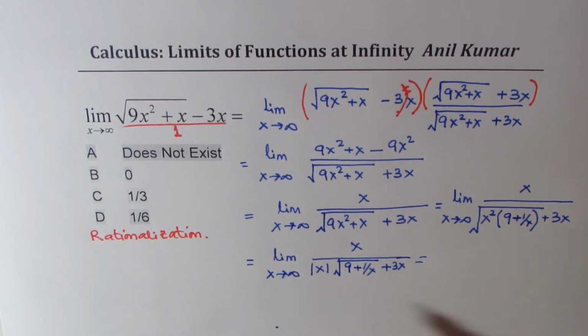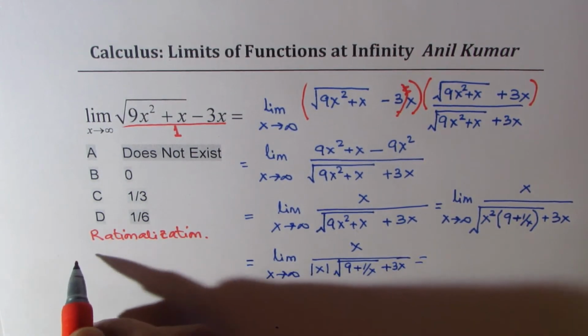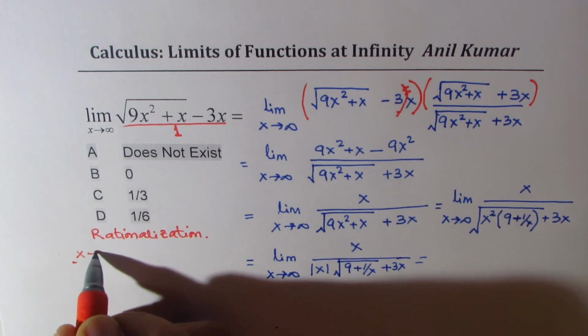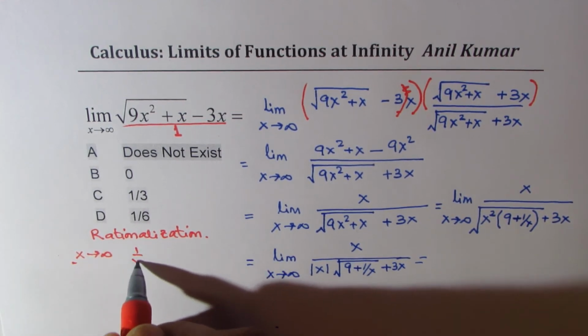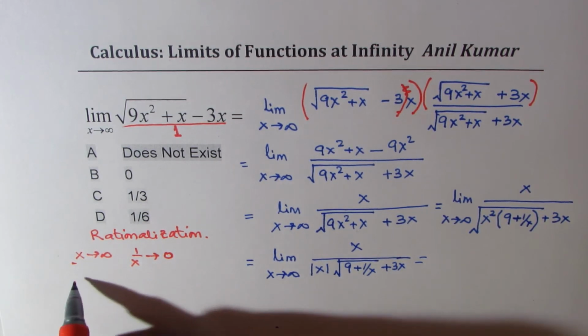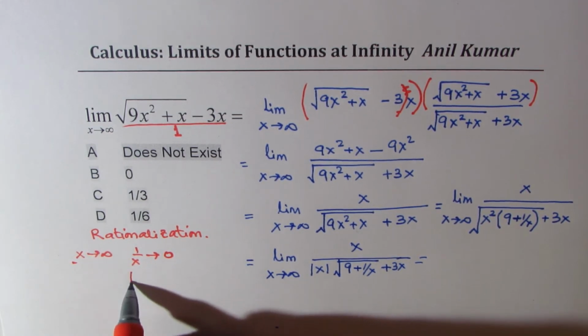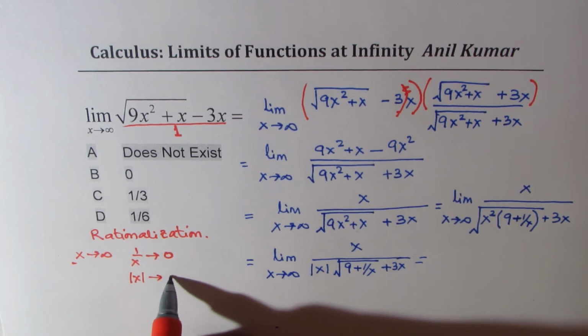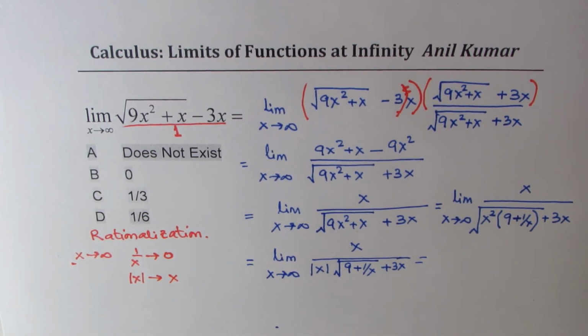Now clearly, as x approaches infinity, 1 over x approaches 0, right? Second, when x approaches infinity, the absolute value of x actually approaches positive x, right? So we could write this as positive x.